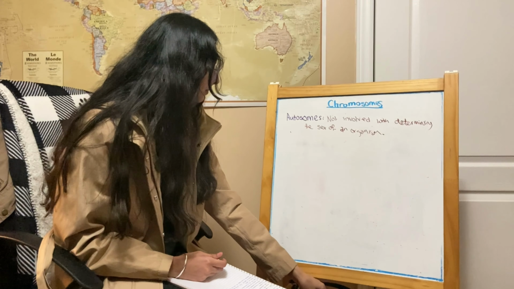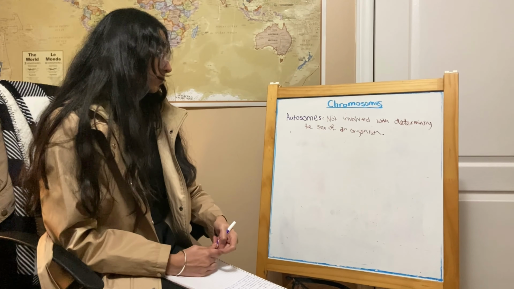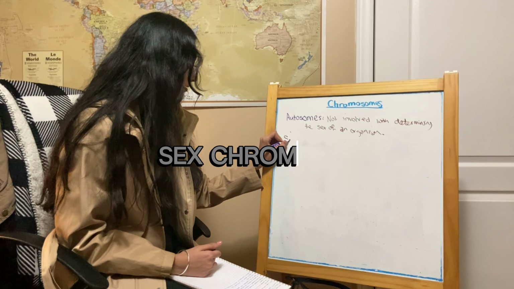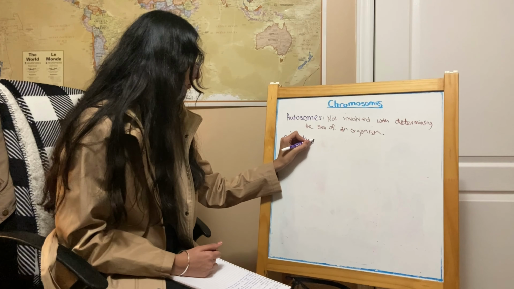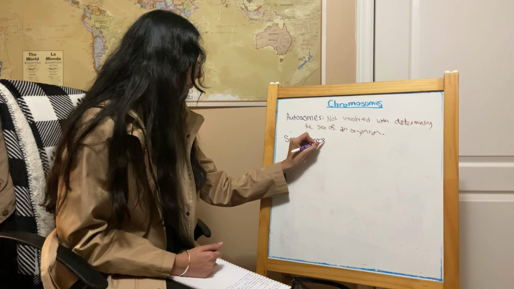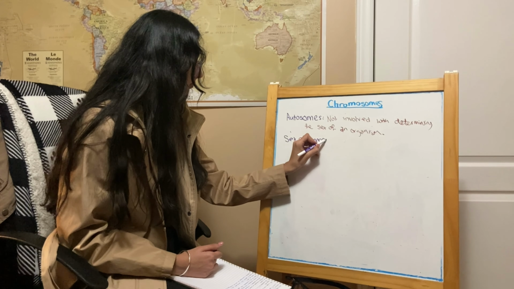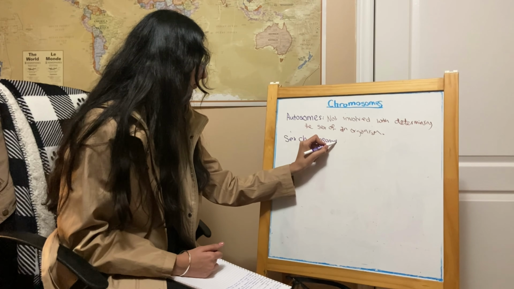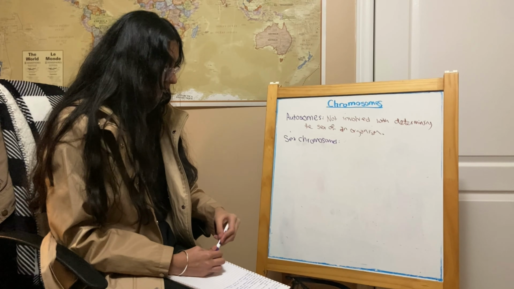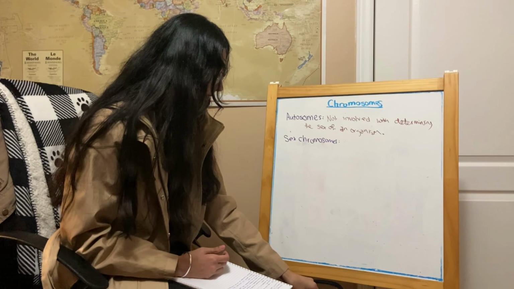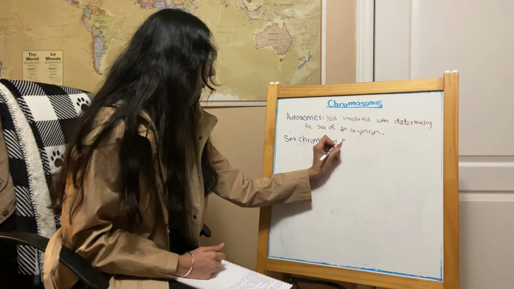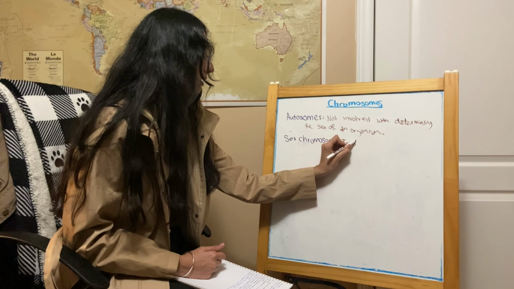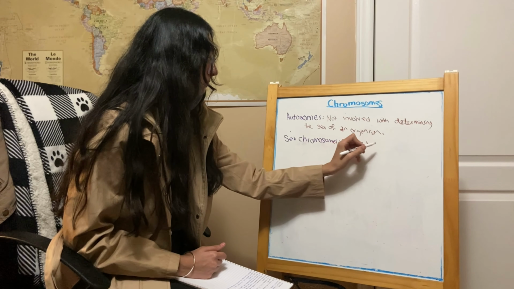So now, there's another type of chromosome called the sex chromosomes. So now, what are those? Sex chromosomes are directly involved in determining the biological sex of an organism.